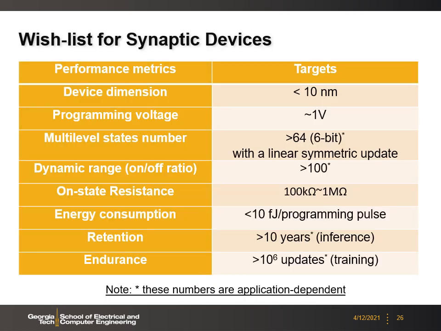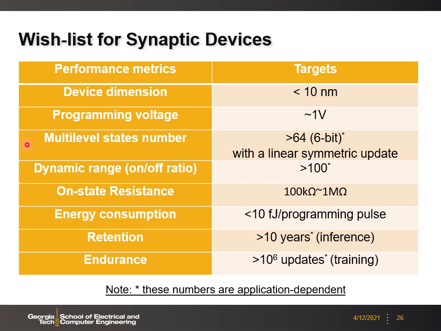Here's a wish list for the ideal synaptic device. First, we want the device to be as small as possible, less than 10 nanometer in dimension. Second, we want the device programming voltage to be compatible with the logic power supply, about 1 volt. Third, we wish the device to have multi-level states, let's say larger than 64 states, or equivalently 6 bits.